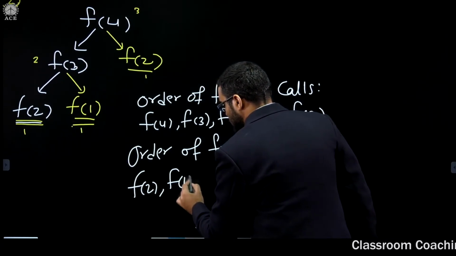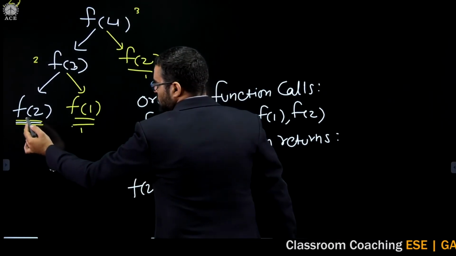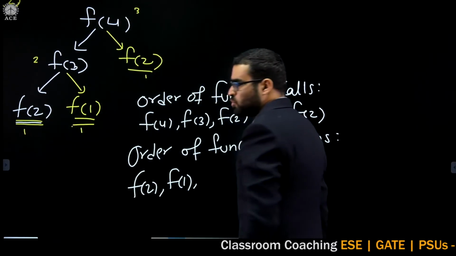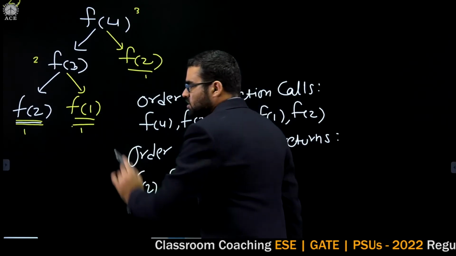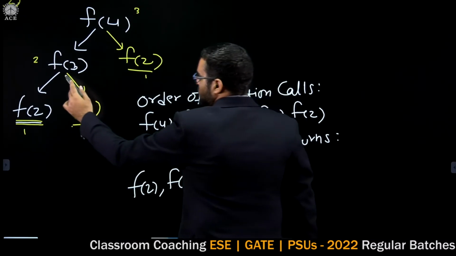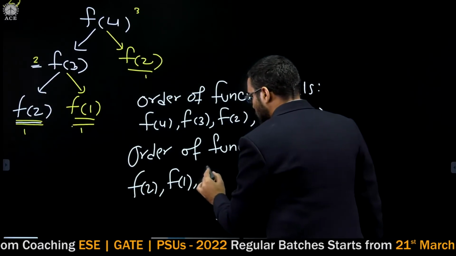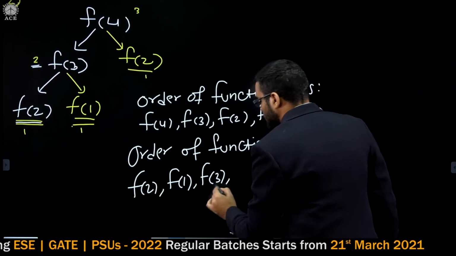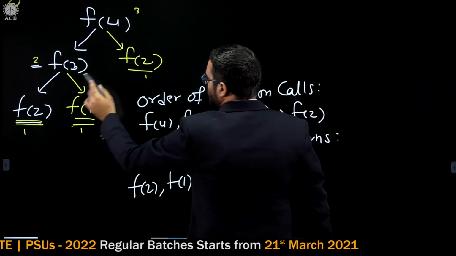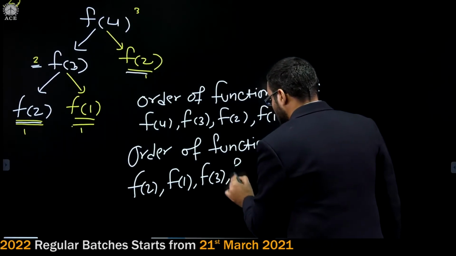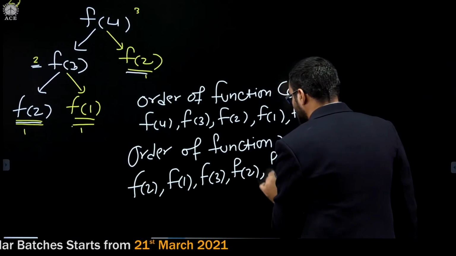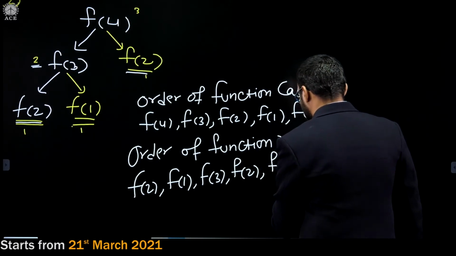Once f2 is computed and f1 is computed, this f3 will return the value f2 plus f1. After that f2 will return, and after that f4 will return.